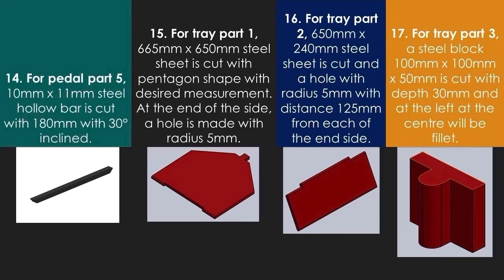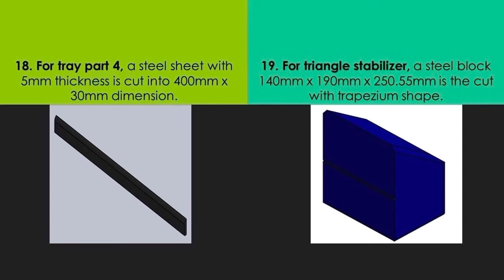For tray part 3, a steel block 100 x 100 x 50mm is cut with depth 30mm, and at the left at the center will be filled. For tray part 4, a steel sheet with 5mm thickness is cut into 400mm x 30mm dimension. For triangle stabilizer, a steel block 140 x 190 x 250.55mm is cut with trapezium shape.